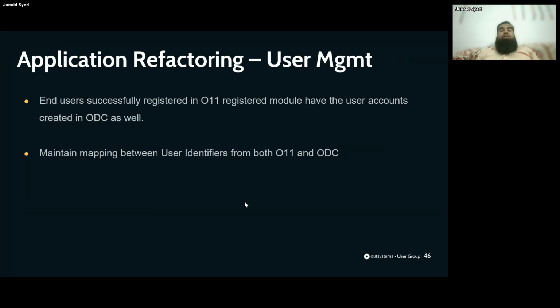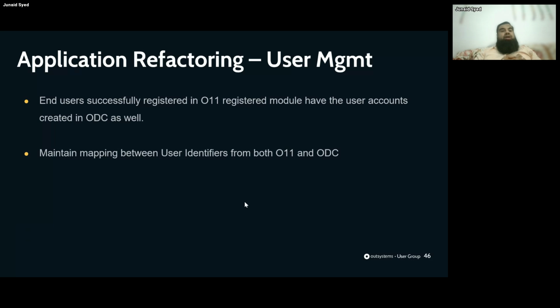Then again, the user management part was another change here. In O11 we have the account management done in a different way, whereas the user management in ODC is totally different. We were performing the registration of the users in the O11 module.